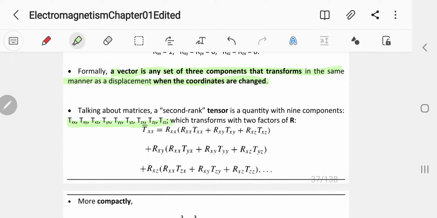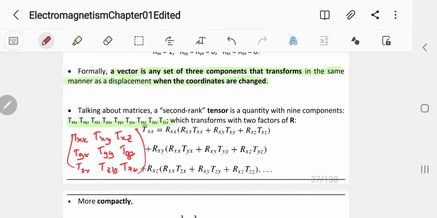These are the components, and the components are actually written this way. So that's how you write the second rank tensor.